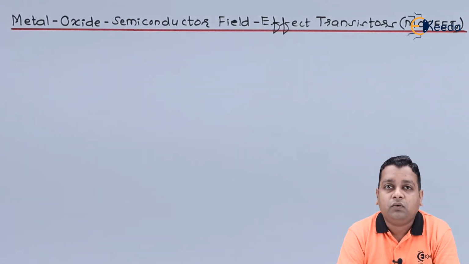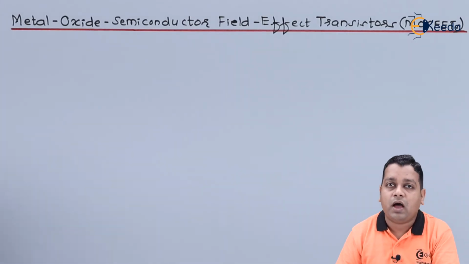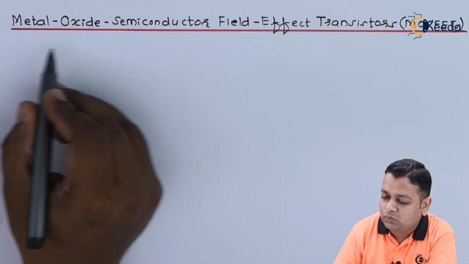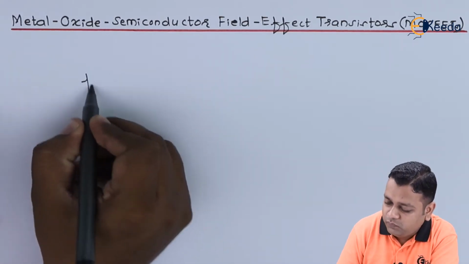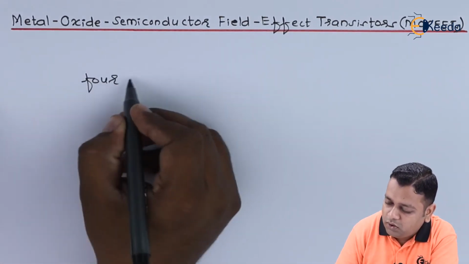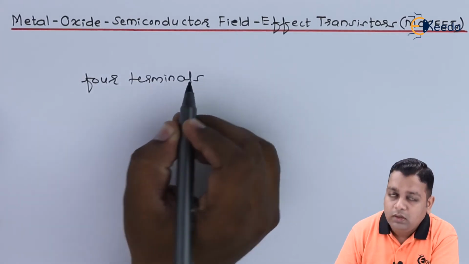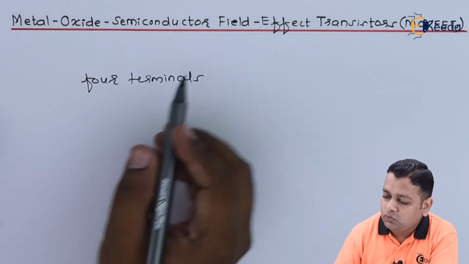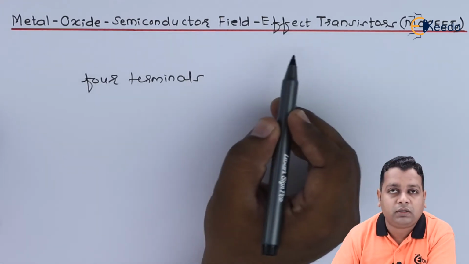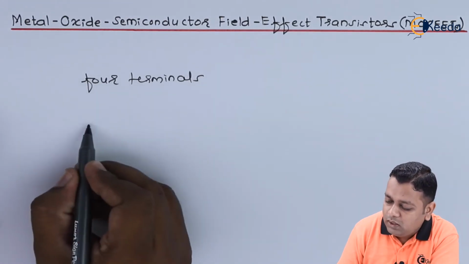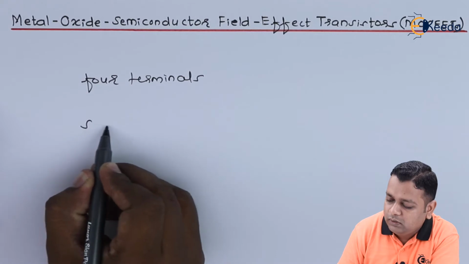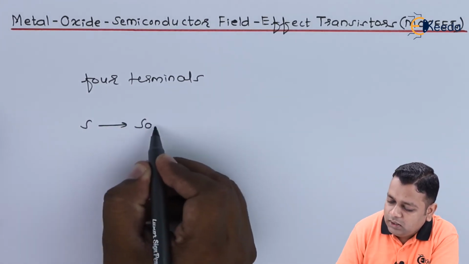A distinction with respect to this particular device is that we have four terminals. So this is the very important point here. As before, we have gone through the several types of field effect transistors. They had the source terminal represented by S only.